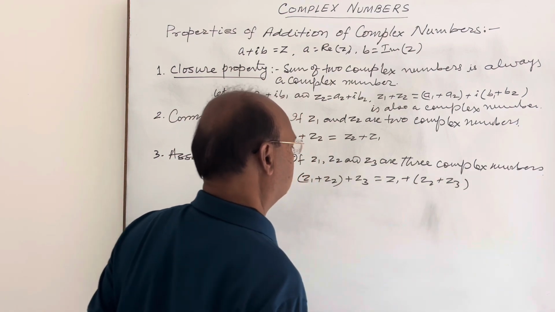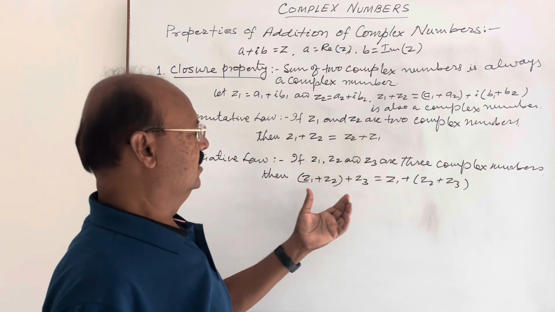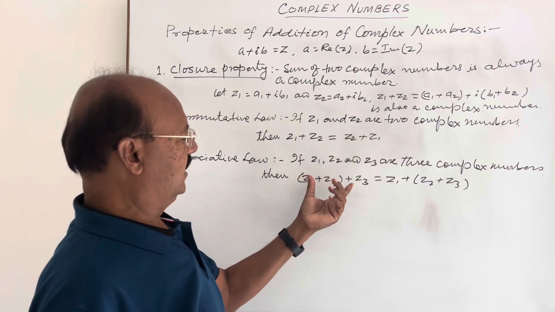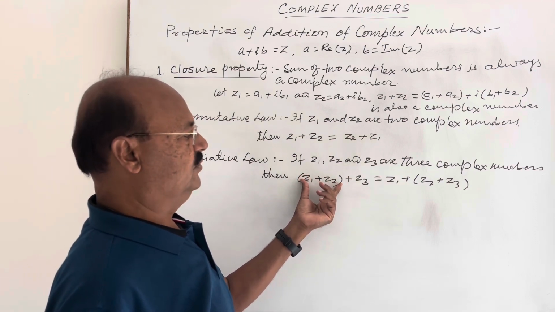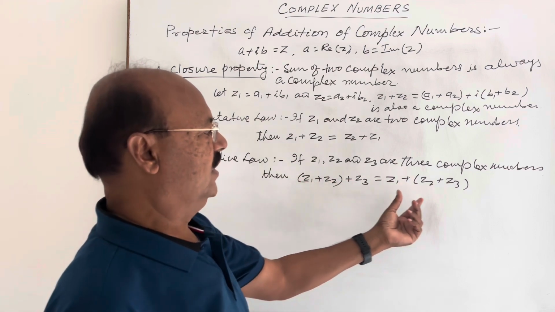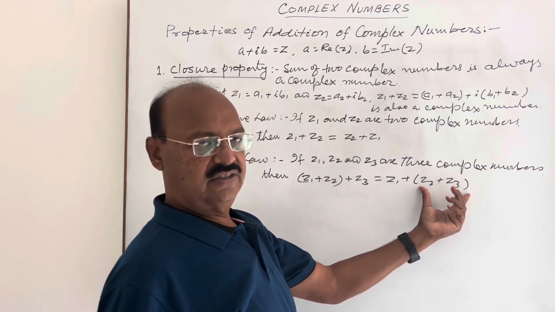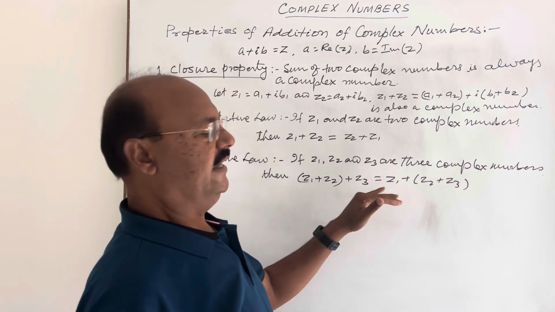So you know the purpose of these brackets. z1 plus z2 in a bracket means first of all we get the sum of z1 plus z2, then we add z3 here, and here first we get the sum of z2 plus z3, then we add z1 with this. So this is known as the associative law.